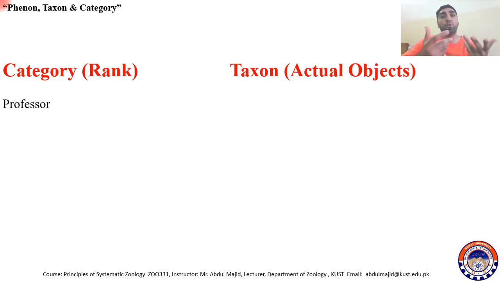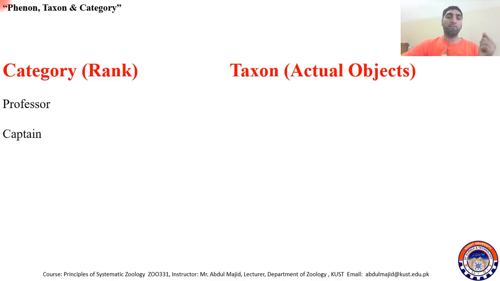If I tell you that I have a friend who is a professor in Kohat University, you can imagine that person is in BPS 21 or 22, but you don't know who that person is.